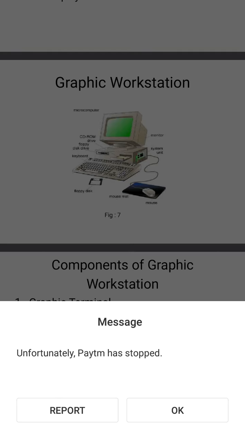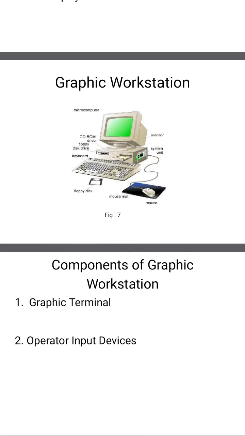First one is the mouse. Next one is the keyboard, CRT. Next, the digitizer. All these are the three key elements of a graphic workstation. Understood?